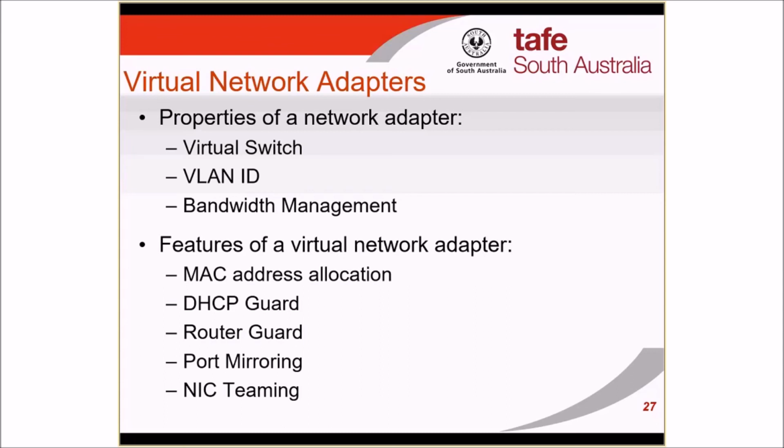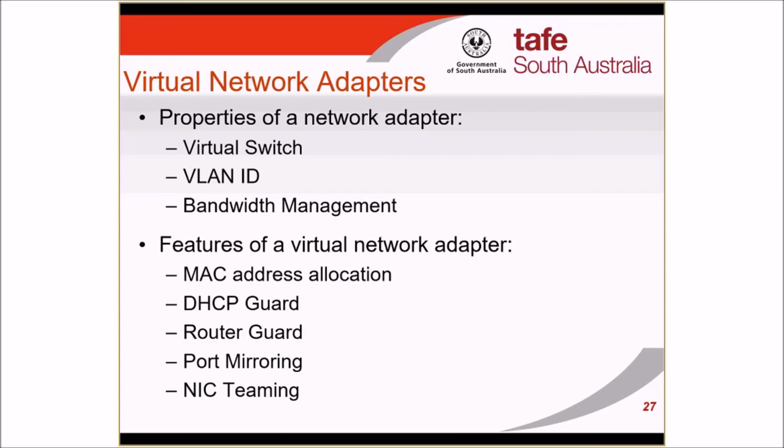There's also port mirroring. Port mirroring does exactly what it says. If you've got two virtual machines which are doing the same job, instead of the traffic just going to one of them, port mirroring mirrors the same traffic to two different ports, to the two different virtual machines.